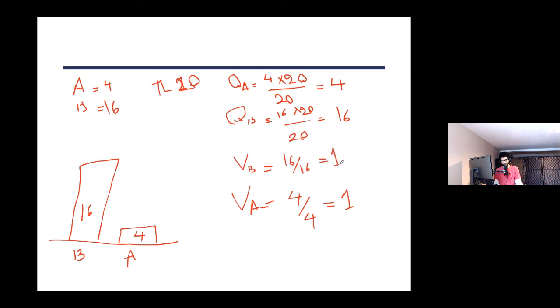So now we're back to the equal situation. Now A and B are equal because B's weight is 4 times A's weight, and as you can see, the time that B got on the CPU is 4 times the time that A got. So if you run this algorithm again, you're going to get A again 4 and B again 16.